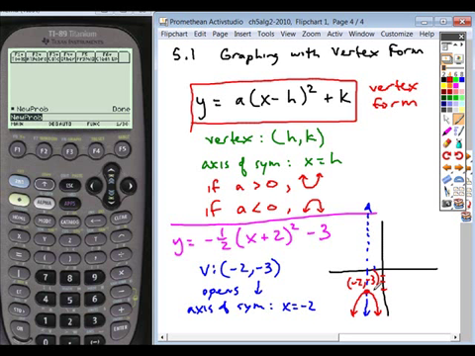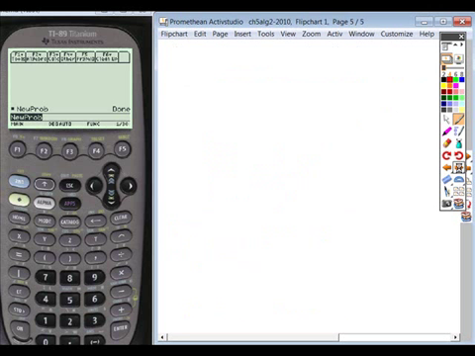If you just need to sketch it and identify these pieces of information, you should be able to do it very quickly without having to enter it anywhere. So what if I gave you the following? I want you to see if you can sketch this graph on your own.